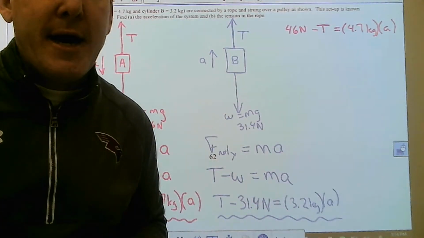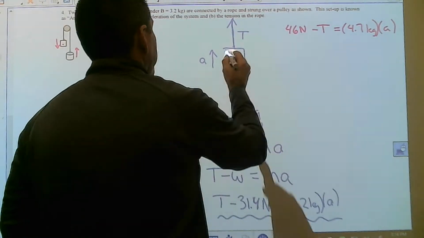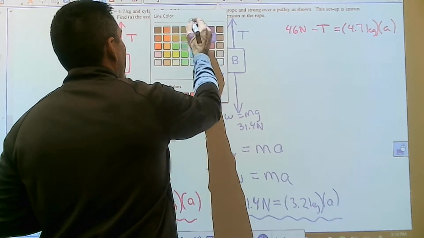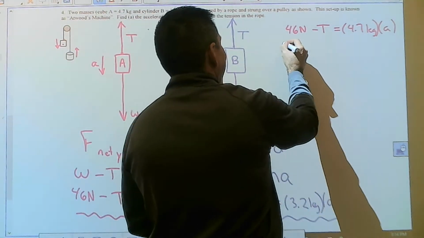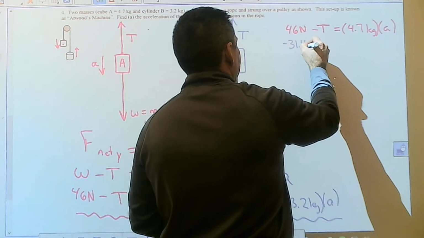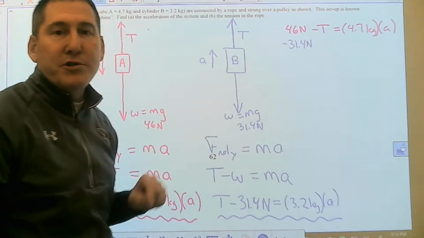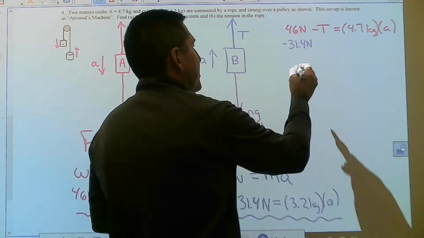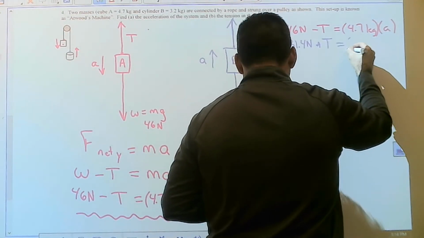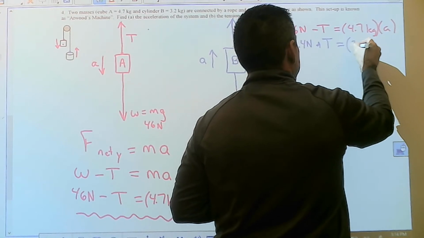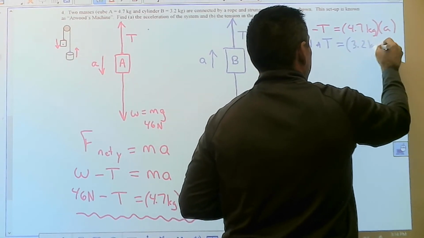And right underneath that, I'm going to write my blue equation. But I'm going to line up all the proper things, meaning I'm going to line up my negative 31.4 newtons under those newtons, the positive T under that T, the kilograms and acceleration underneath each other.